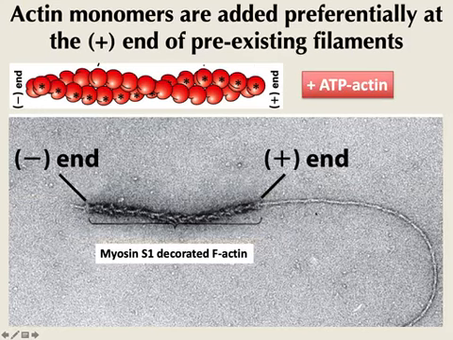Right? So this is a very striking image, in my opinion. Again, one of those where if I show it to you, you should be able to explain, no. Right? Because it illustrates very clearly that polymerization has happened a little bit at the negative end. There's a little tiny bit added here, but a lot more at the plus end.